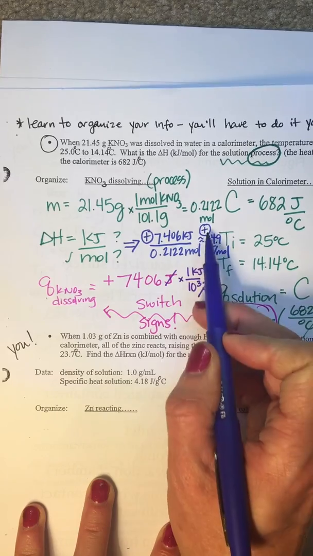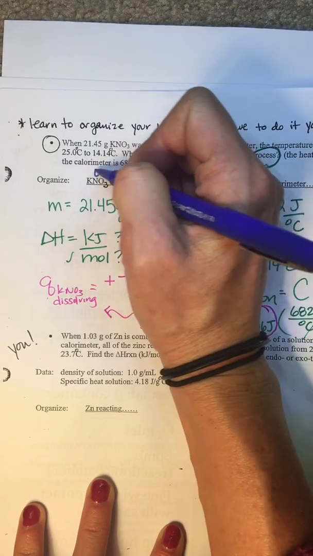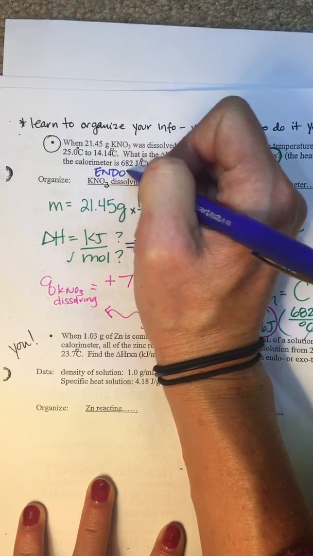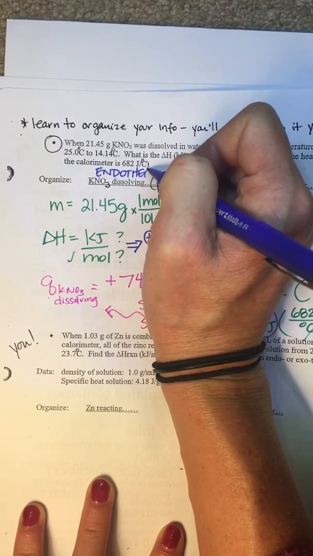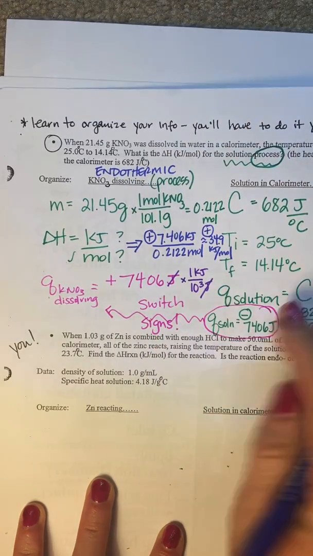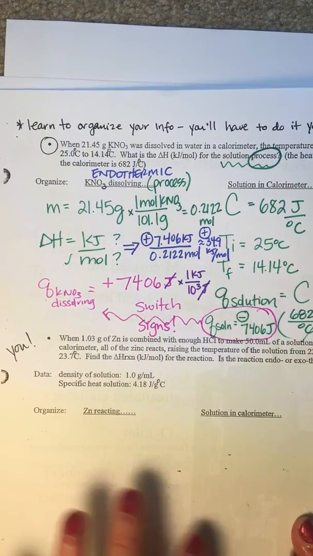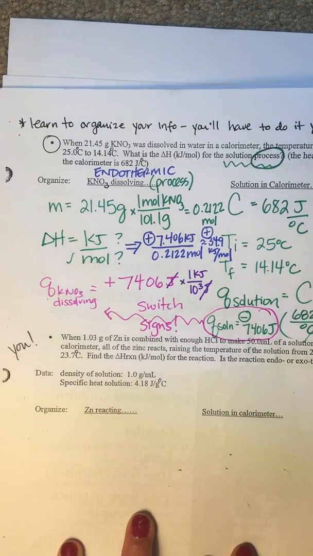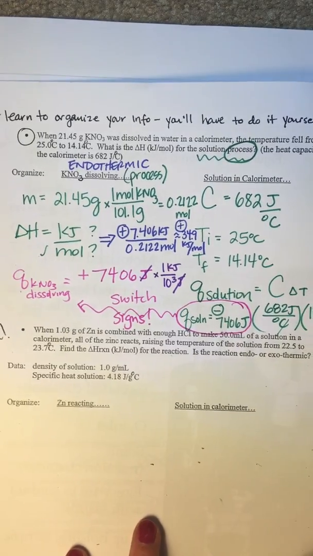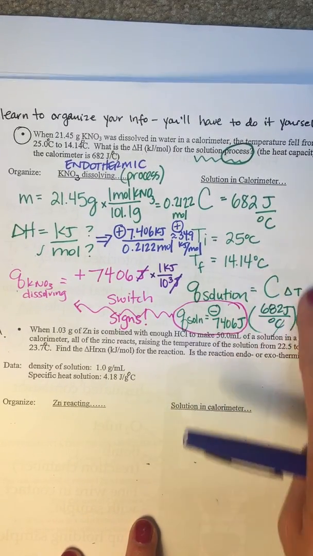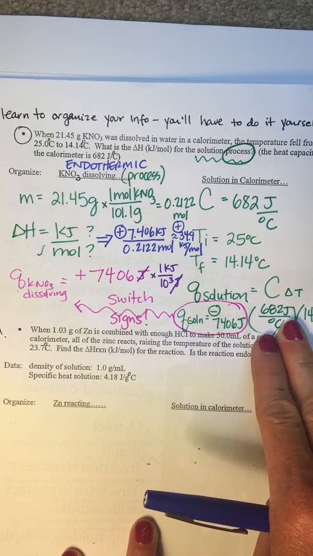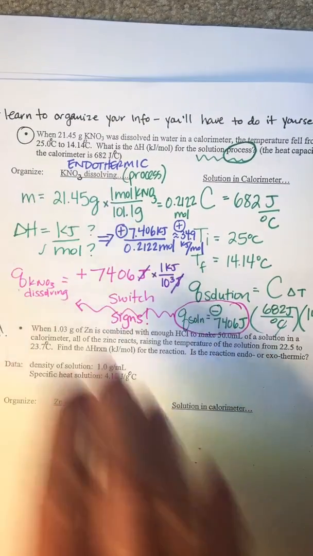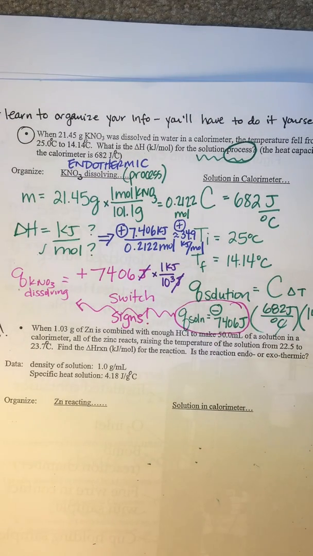This process right here being positive, this is endothermic. Our solution process is endothermic, and we know that because we got a positive value here. It is not exothermic. The solution in the calorimeter released heat, that means it took potassium nitrate energy. It had to absorb that in order to dissolve.